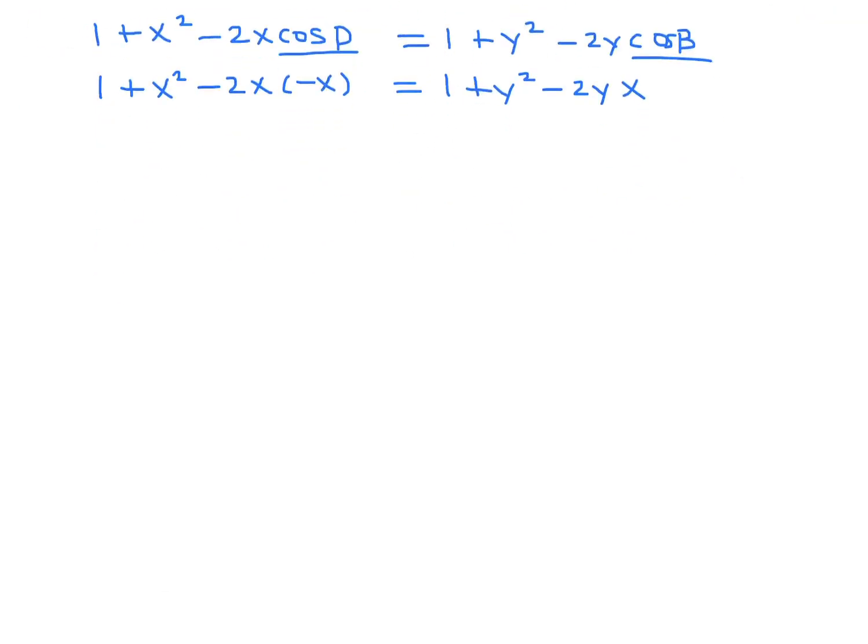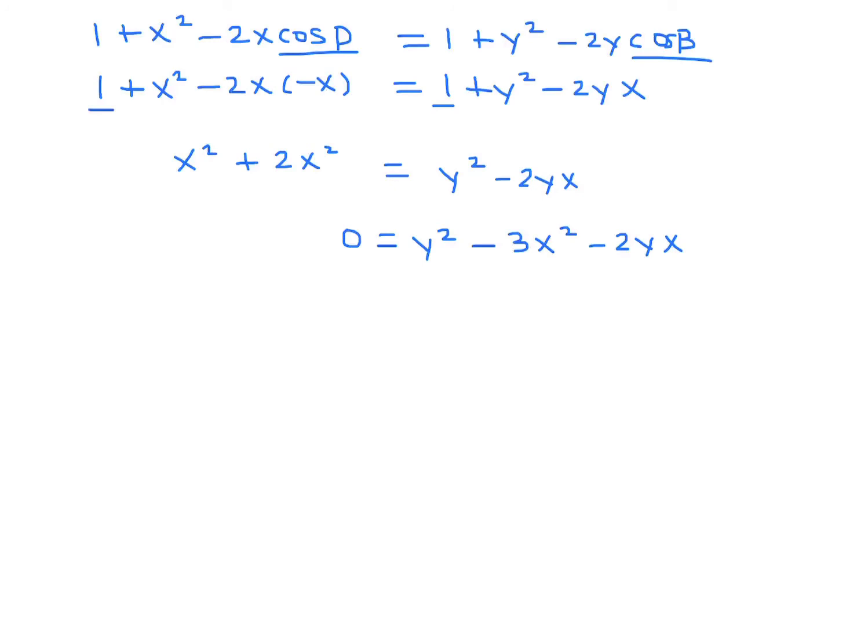So let's move forward. I think we can put everything on one side. The ones cancel. And let's see, we'll get y squared minus 2yx minus x squared minus 2x squared, like that. So y squared minus 3x squared minus 2yx is equal to 0.